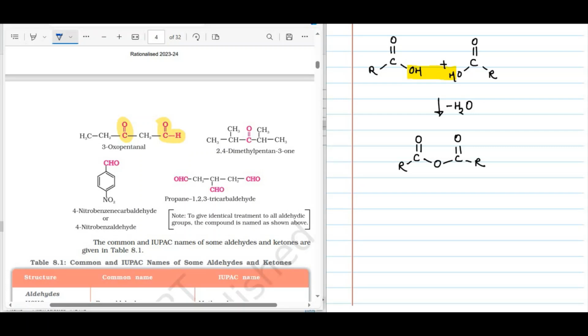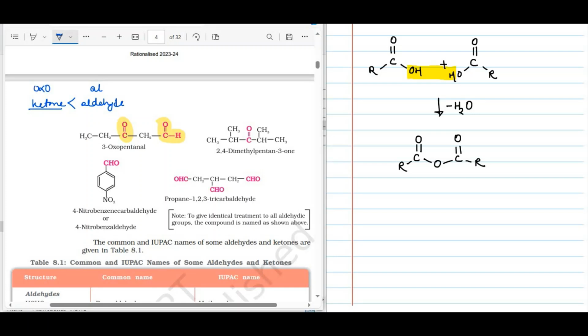When ketone and aldehyde both are present in the same molecule, aldehyde will get priority over ketone. This means you have to use a prefix for ketone and a suffix for aldehyde. Here we are going to use the suffix al for aldehyde and the prefix for ketone, which is oxo.